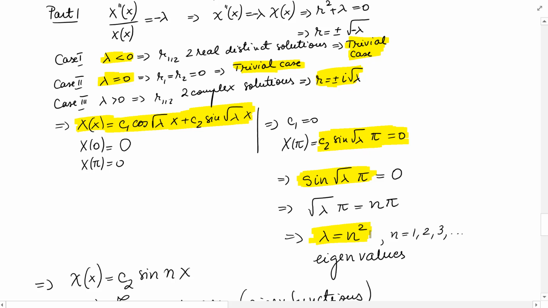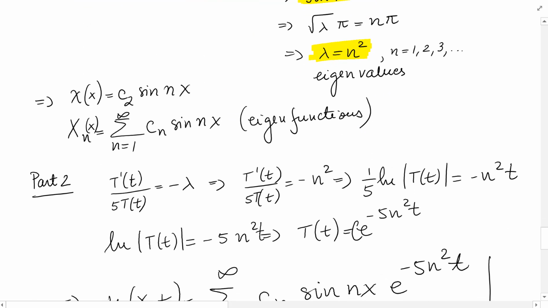These are the eigenvalues. Now, what does that mean? It means X of x is equal to c2 sine of nx, but it's a sum, or a linear combination, of solutions of this form. So X sub n of x is actually the sum as n equals 1 to infinity of c sub n sine of nx, which are the eigenfunctions.